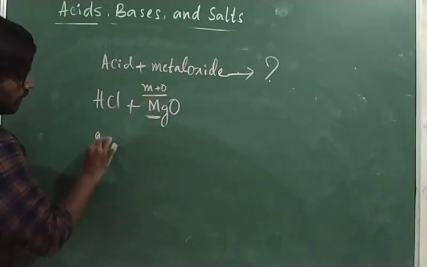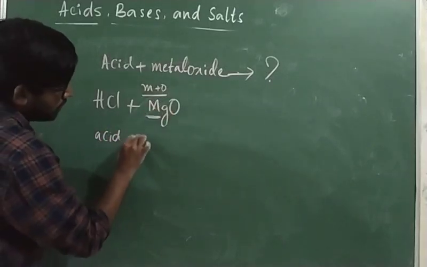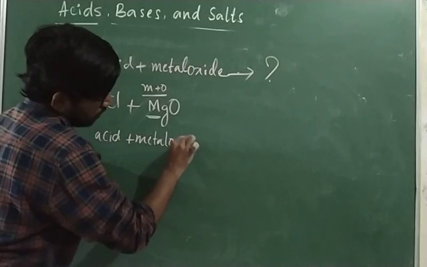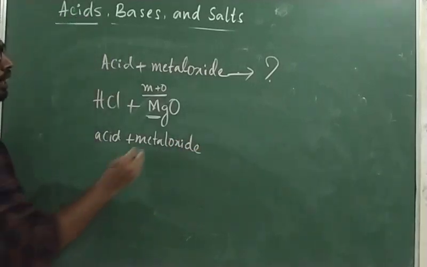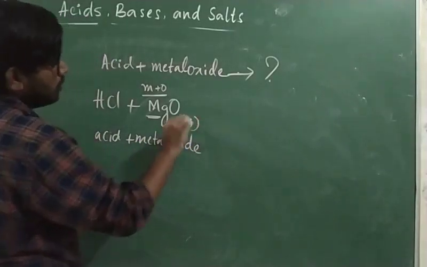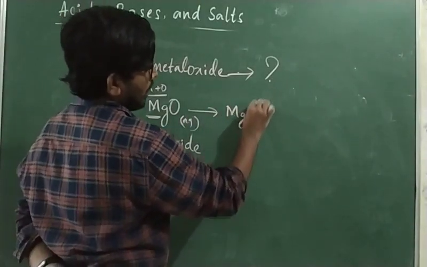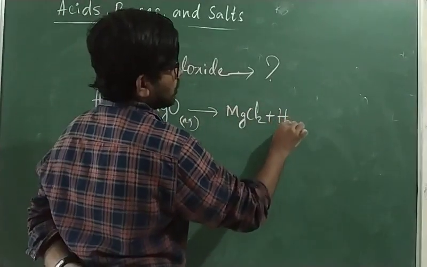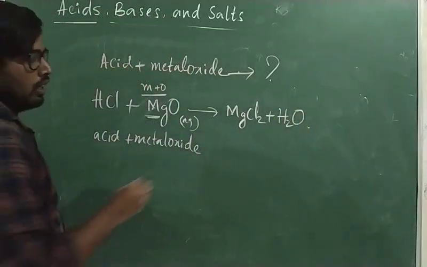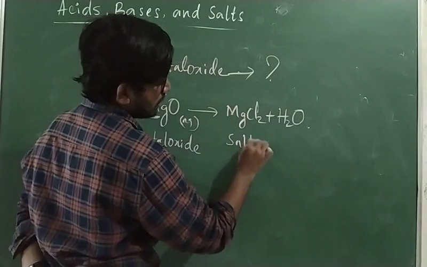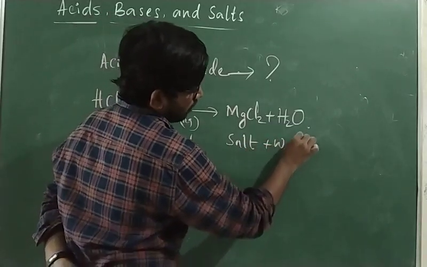Okay, this is an acid and magnesium oxide is a metal oxide. So, we will get magnesium chloride, MgCl2, plus we will get what? H2O. Here MgCl2, magnesium chloride, is a salt and you will get water.